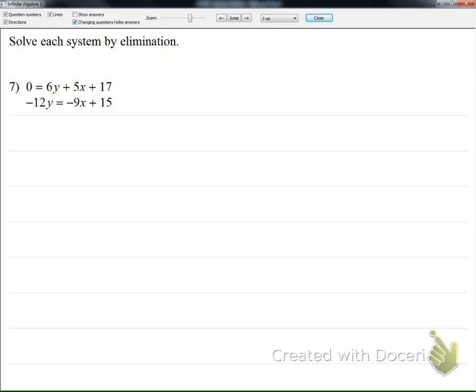Let's first make sure the equation's in the right order. Negative 5x minus 6y equals 17. And then the bottom equation, I moved the 9x over as a positive 9x.